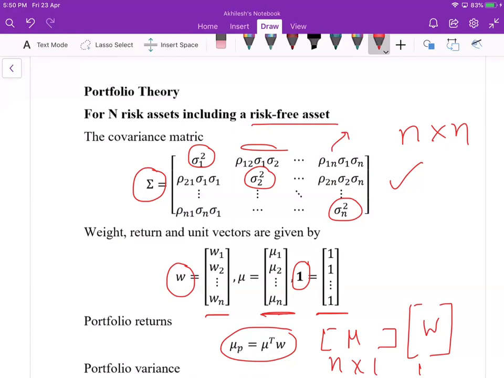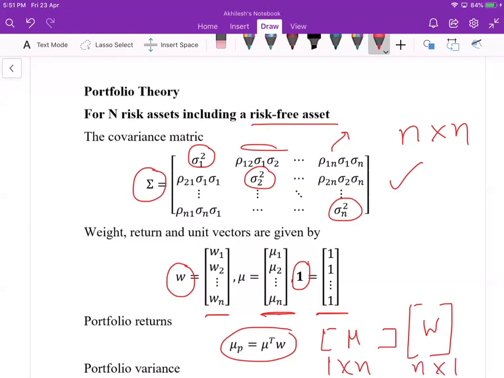How many rows? Just 1, a 1 into n matrix, and this is n into 1.